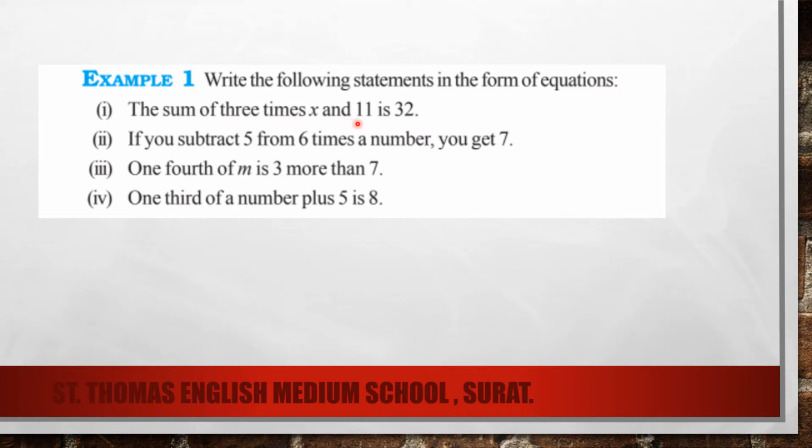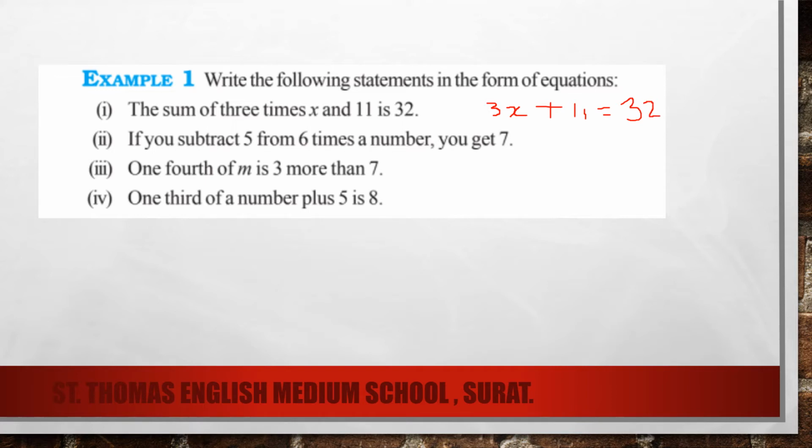They have given the statement, you have to write the equation. 3 times x means 3x, 3 multiplied by x. Sum means plus. So that is 3x plus 11 is equal to 32. It's already given in the textbook, you don't have to write, just listen here. Okay. Next one.